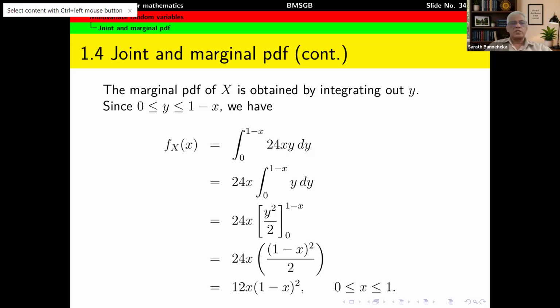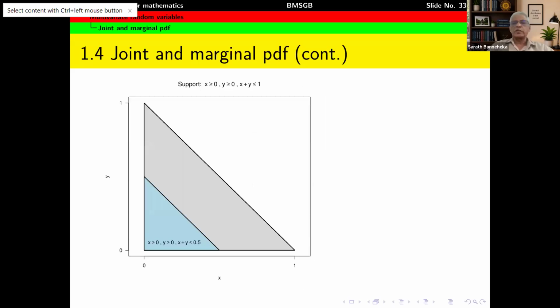Right? So, in order to understand that, I think it's better to look at the support of the density function. Right. So it says the support has to be x greater than or equal to 0, y greater than or equal to 0, and x plus y less than or equal to 1. So accordingly, our complete support is this large triangle here.